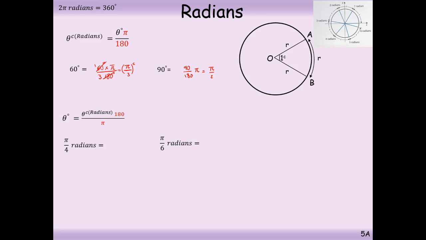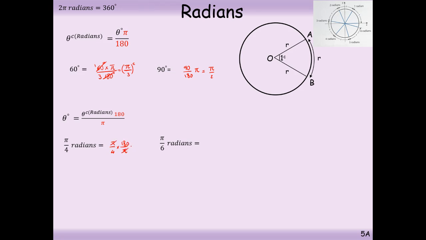And if we have to turn an angle in radians into degrees, we are going to divide by pi and times it by 180. So pi over 4: we divide by pi and times by 180.